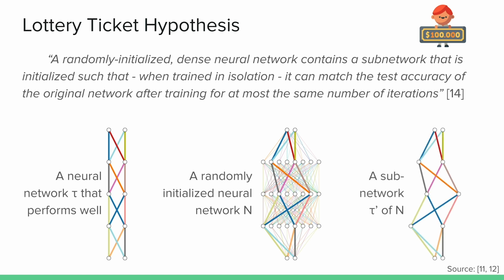So if we can identify those neurons that were initialized so well that the subnetwork performs equally well as the original network, we found the so-called lottery ticket. And again, one final question remains: how do we get this lottery ticket?